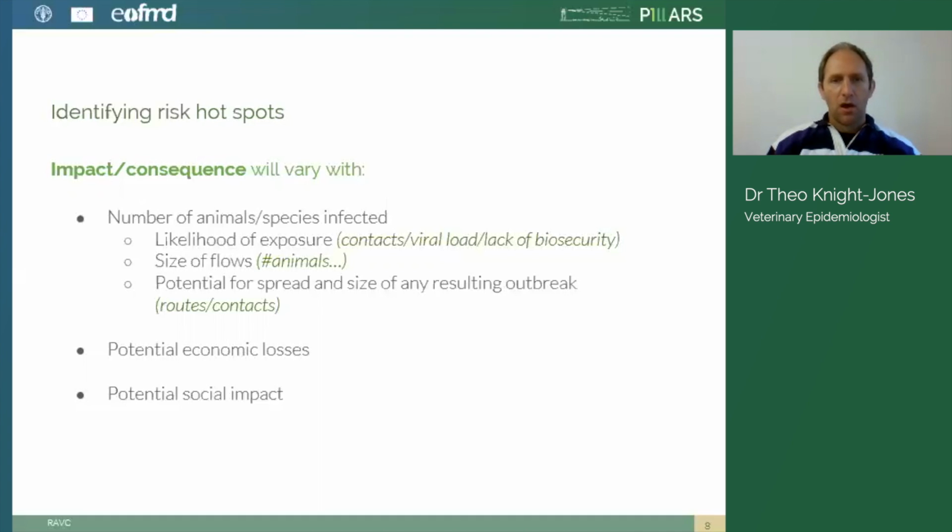And also potential spread. So you may get worried about foot-and-mouth disease entering a zone or an area where there's at the moment lots of common grazing, for example. You might be particularly worried about transboundary movements of animals, and if a new strain gets into there, it may have potential to spread quickly and beyond boundaries. Obviously, for impact, we're considering the economic losses.